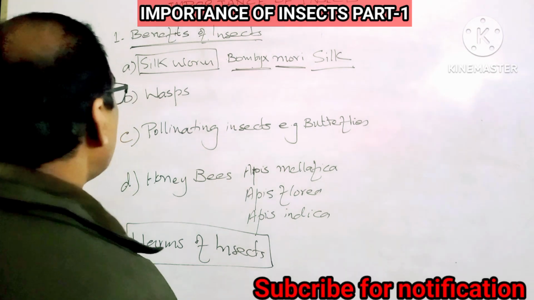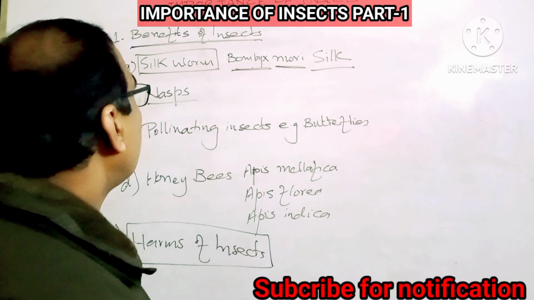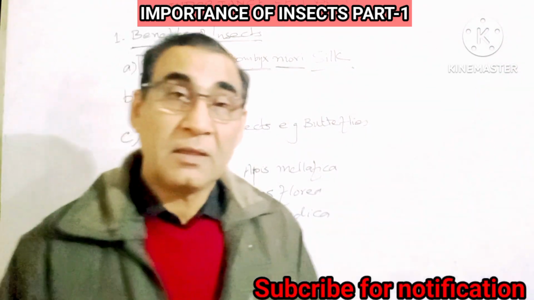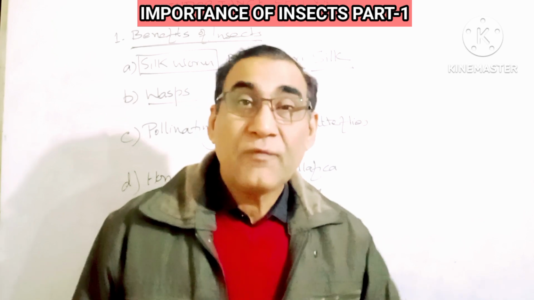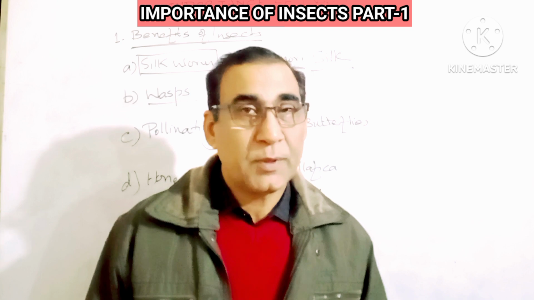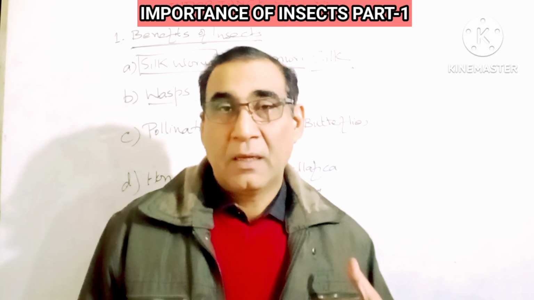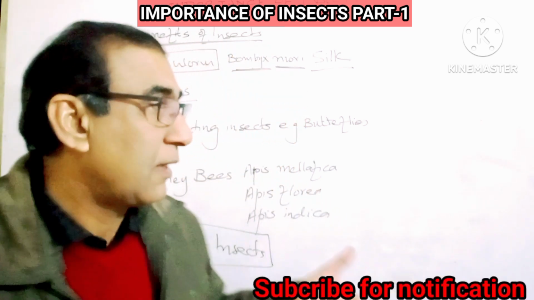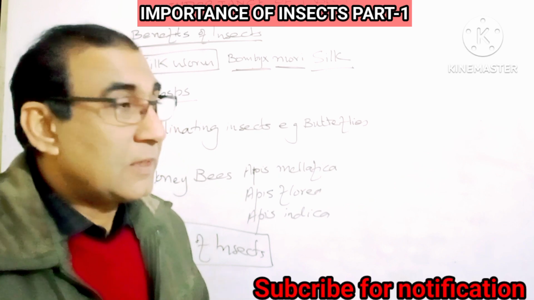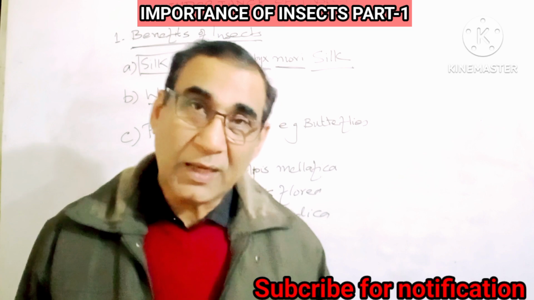Next is the wasp. Wasps are important in this way: they kill the aphids which harm the production of the walnut tree. The walnut tree produces the walnut, which is used in medicines and also as food, as a dry fruit as well.